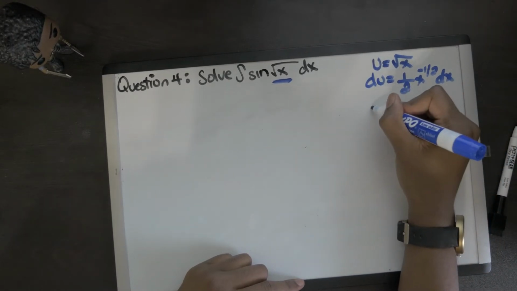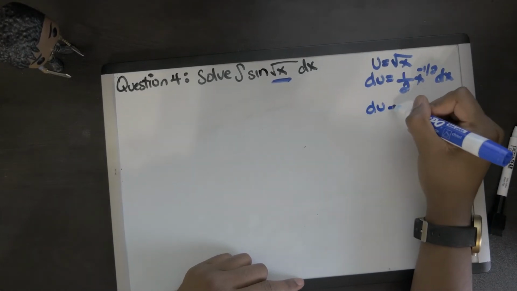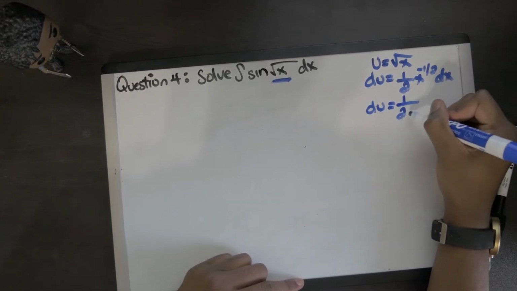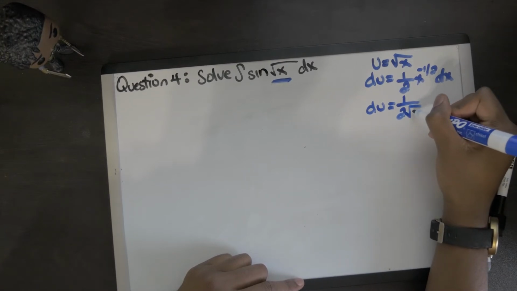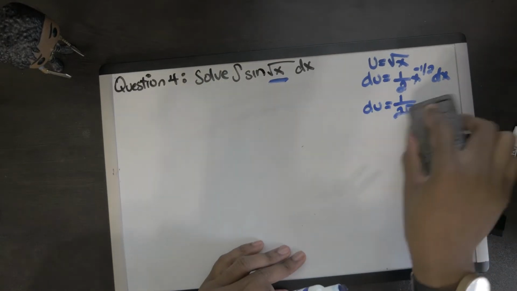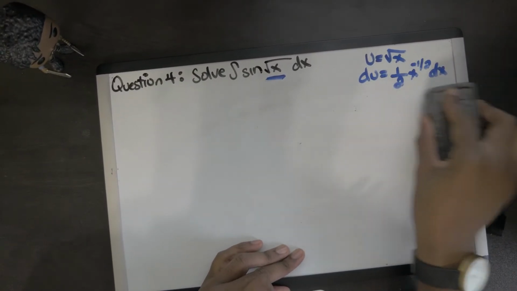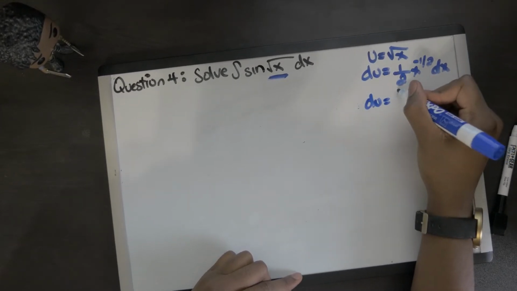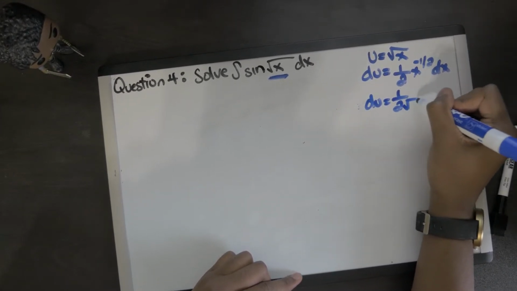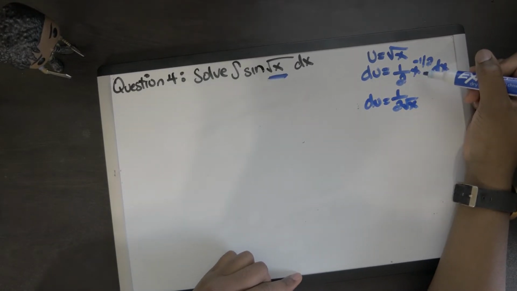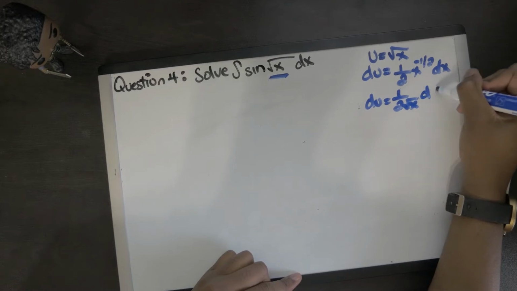Oh, I'm sorry, that complicated our variables there. We're actually going to say du is equal to 1 over 2 root x, because that's what the variable is in terms of at the moment. And of course, let's not forget the dx.